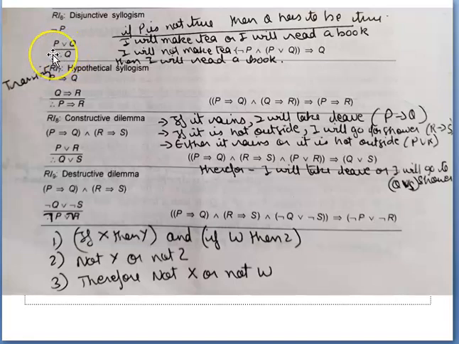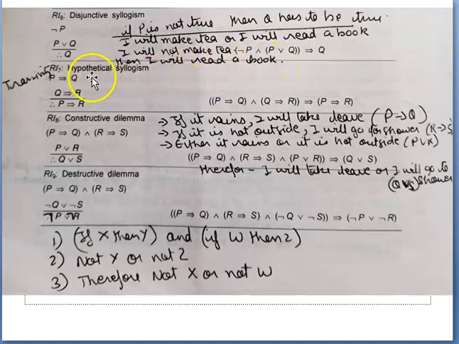If negation of P is true, in that case Q has to be true, only then this sentence can be true, and therefore you can derive that Q is true. So if "I will make tea or I will read a book" is given to you, and then "I will not make tea" is given, then "I will read a book" is true.